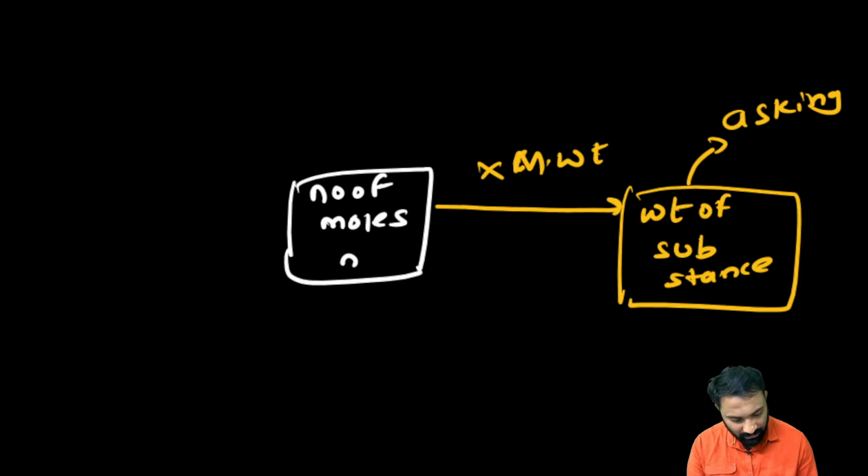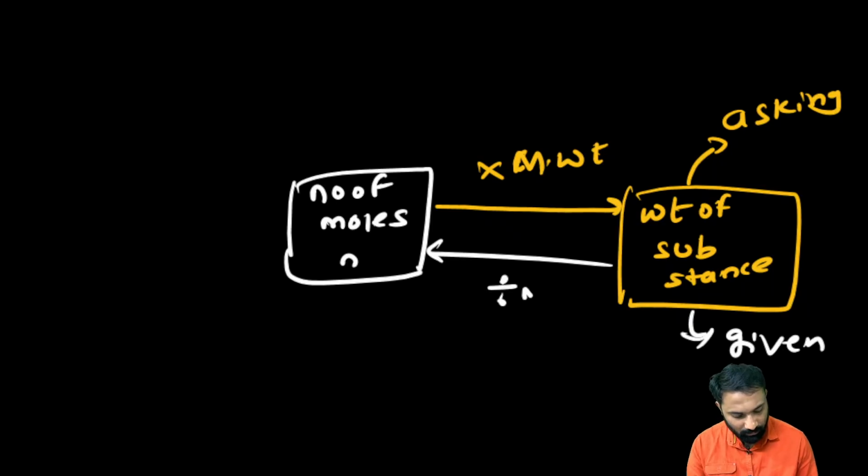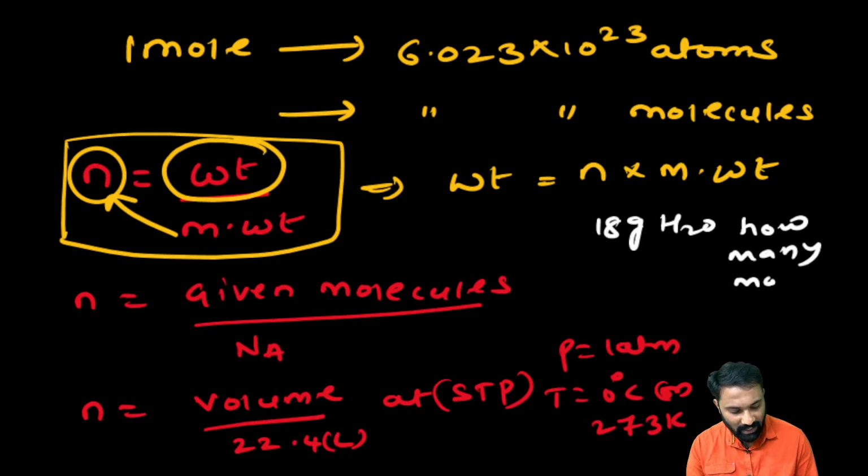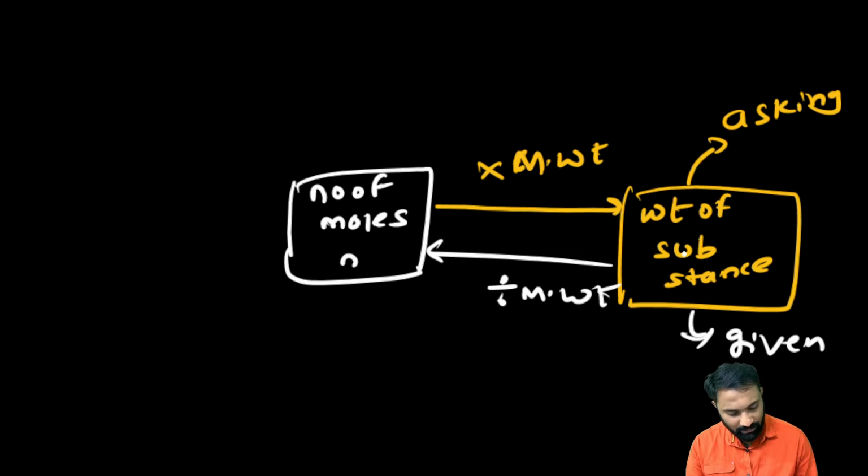Then suppose weight of the substance is given in the question and they are asking the number of moles, what you do, you just divide by the molecular weight. Suppose 18 gram of H2O contains how many moles, if they ask, just 18 by 18, number of moles will be 1. Same thing I have written here: weight of the substance given, divide by molecular weight. Clear? Done.